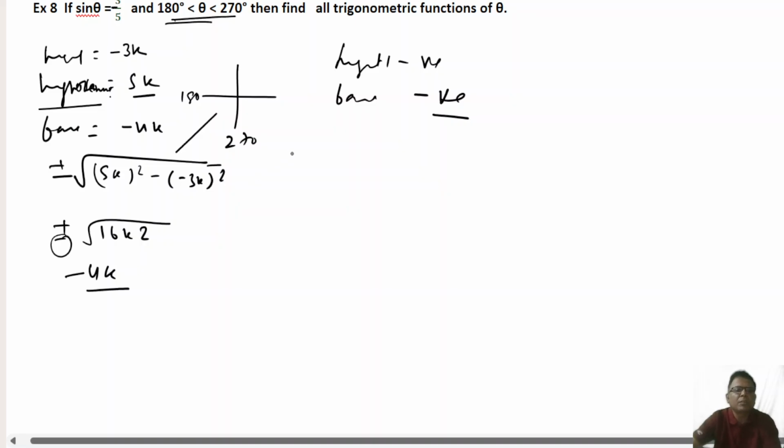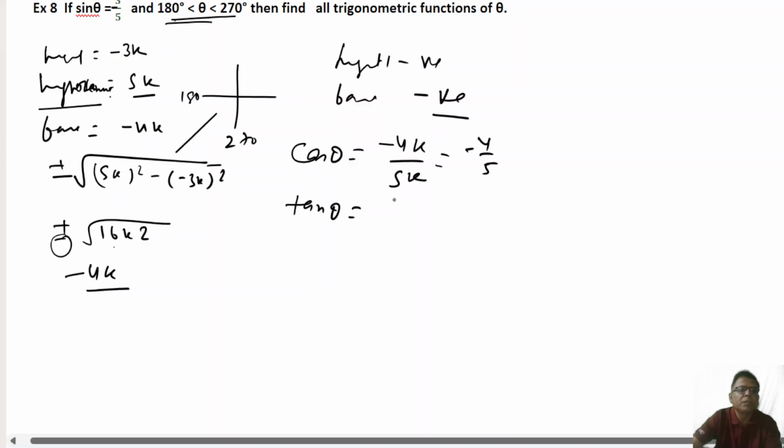Now you find out all. So cos theta is what? Cos theta is base by hypotenuse. So minus 4k by 5k, so minus 4 by 5 is cos theta. Then tan theta is height by base.